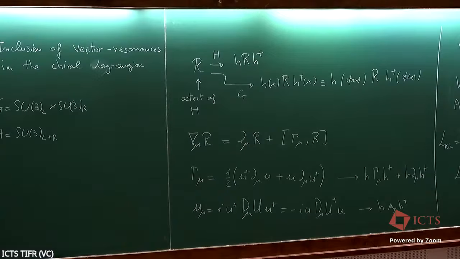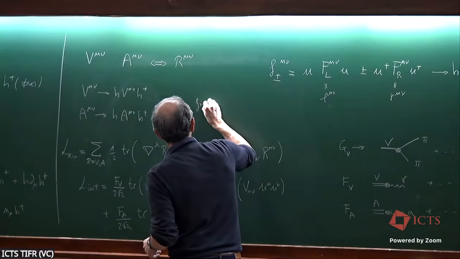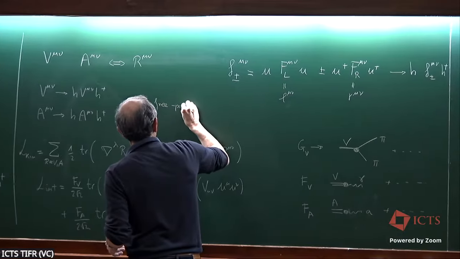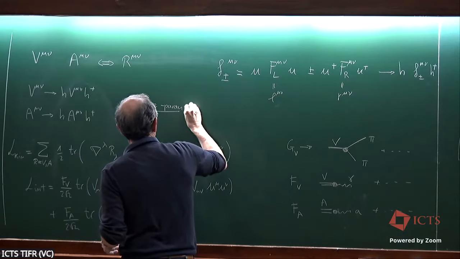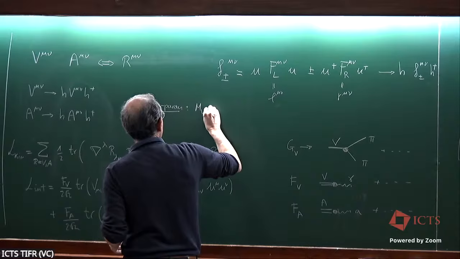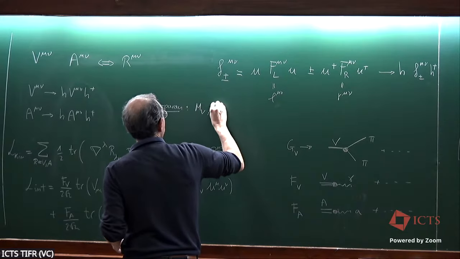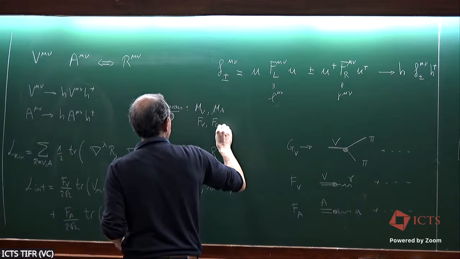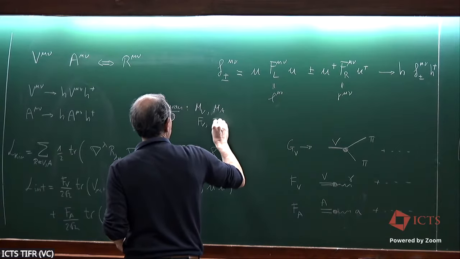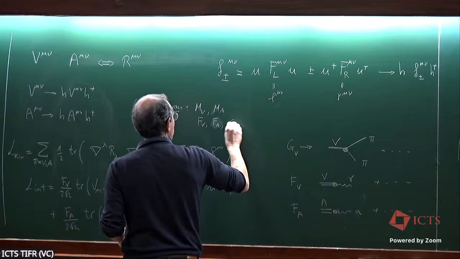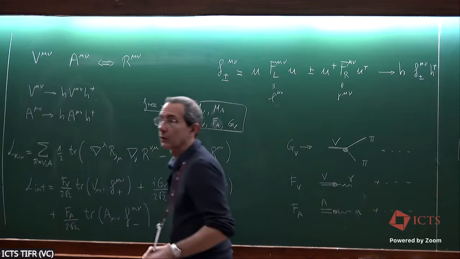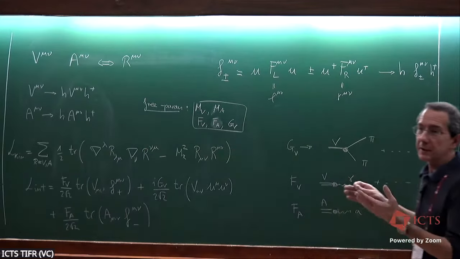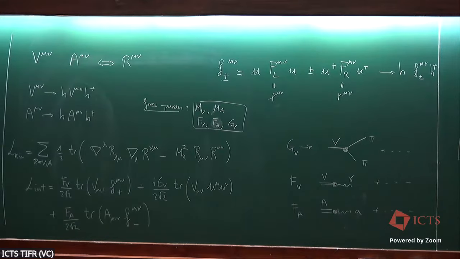A priori, at this point, we have five free parameters: MV, MA, and then FV, FA, and GV. So at this point, basically, I have five parameters I want to fit.